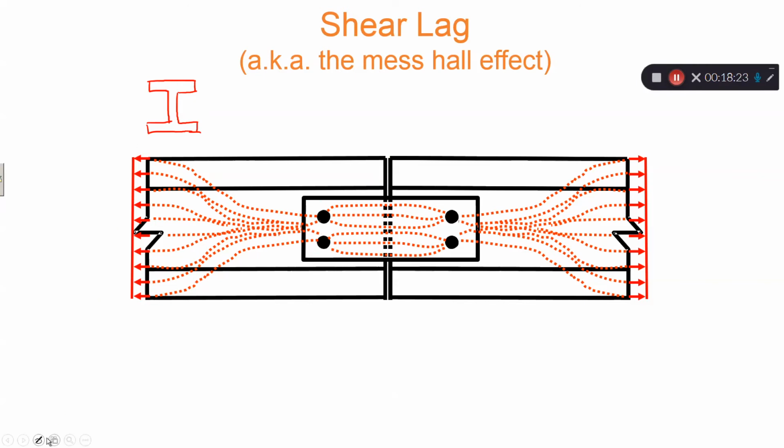Let me use another color. They are connected on the web with splice plates, two bolts, so it's like that. The members are connected on their webs, not on the flanges. So the top and bottom flanges are not connected.